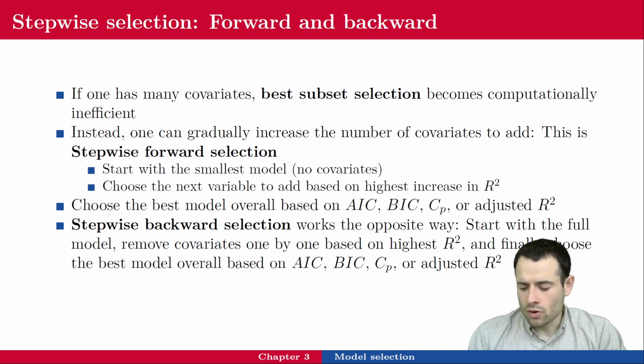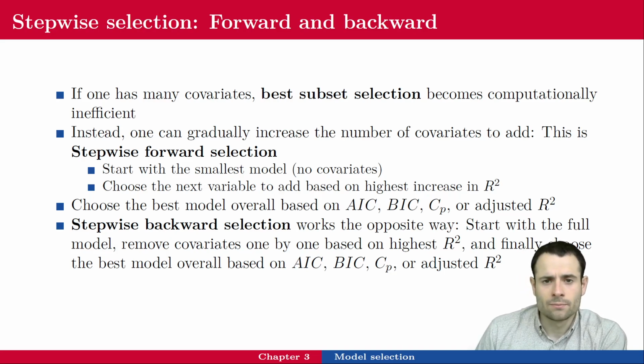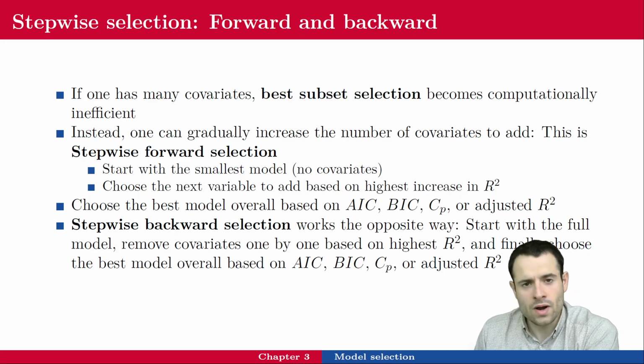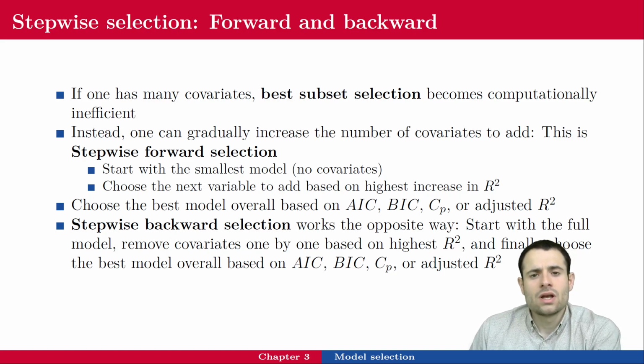You start with your model of 5 variables, the full model, and then you look at which one to remove first. So you're going to try, what if I remove this one? I obtain one model of 4 variables and I look at the R-squared. Okay, what if I remove this one instead? So I put the first one back into the model and I remove the second one and I look at the R-squared, and so on and so forth. I pick the combination of 4 variables that gives me the highest R-squared.